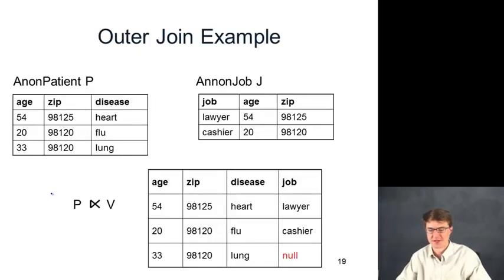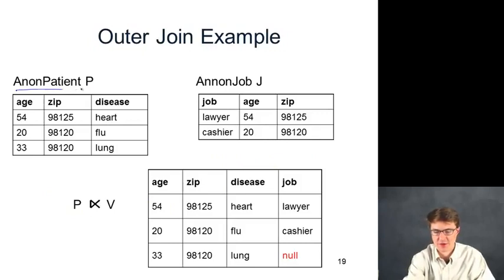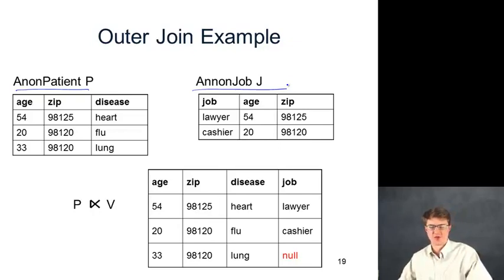An example of this: we have two tables here, anonymous patient and anonymous job. We could do an outer join. Now, what columns did we join on here? It doesn't specify. We omitted it here, although technically we should write that in the subscript of the join operator. But of course, you can probably figure it out. You look at the columns they have in common.